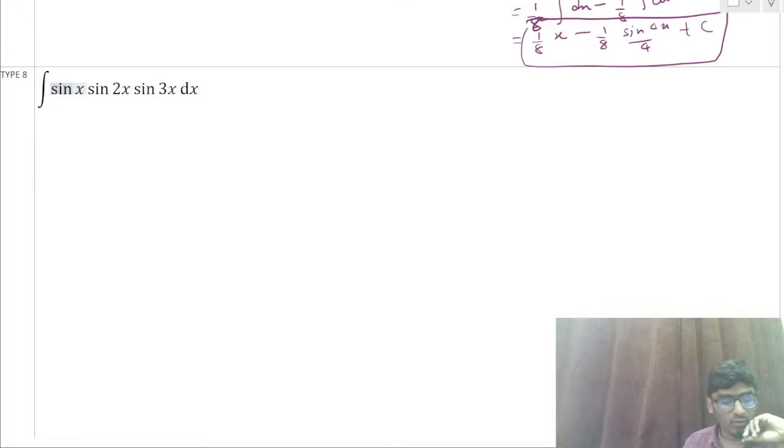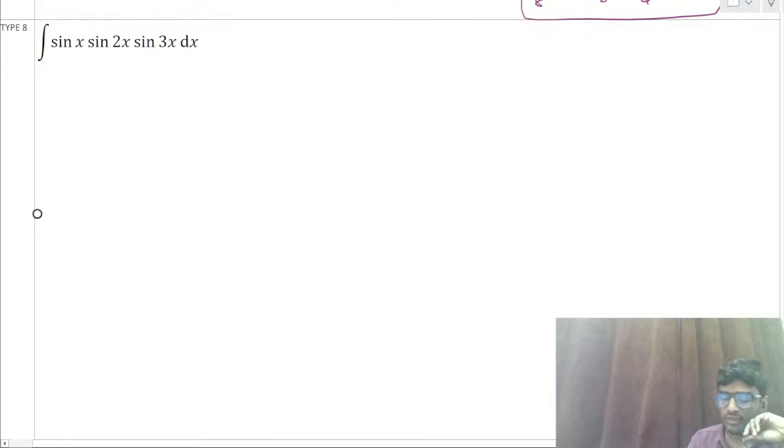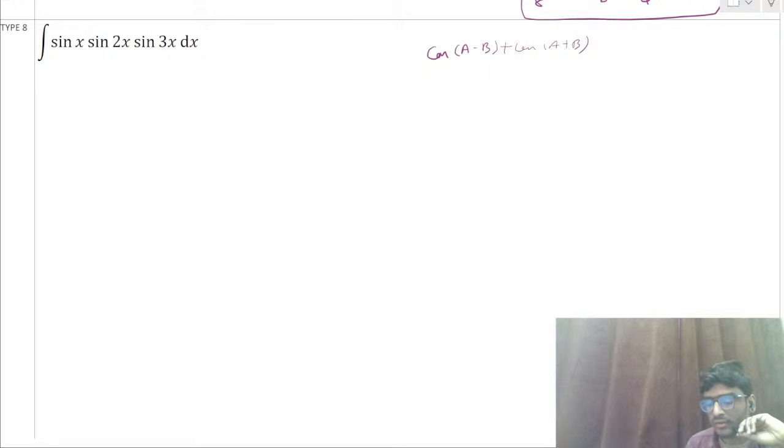We know we are going to use a property. We know that cos of a minus b plus cos of a plus b, what does it give?